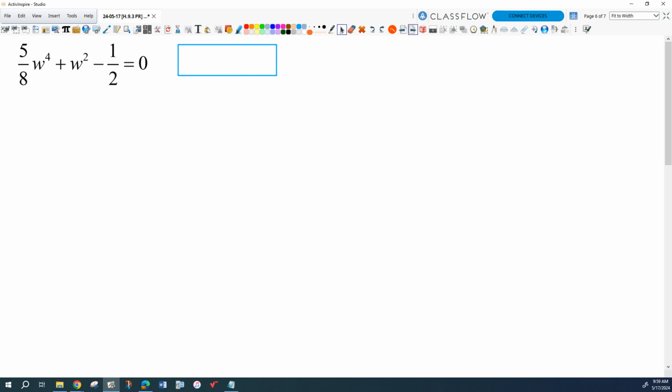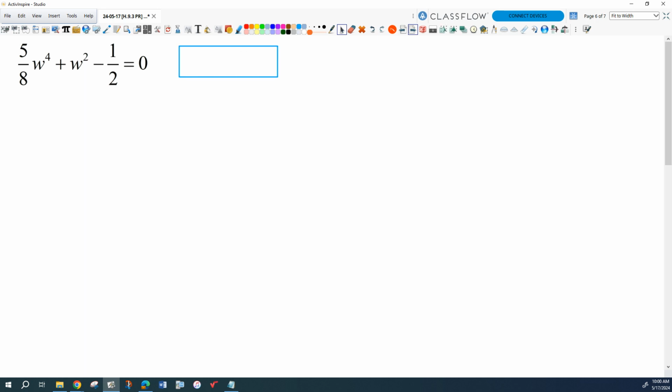That one looks tricky. What if we substitute w squared with just w? We'd make a substitution, wouldn't we? Because is this really quadratic? No. It's not quadratic, but we could make it look quadratic with a substitution. And there's one other thing we should probably do here too. What's that? Clear fractions. Distribute what number through? 8.